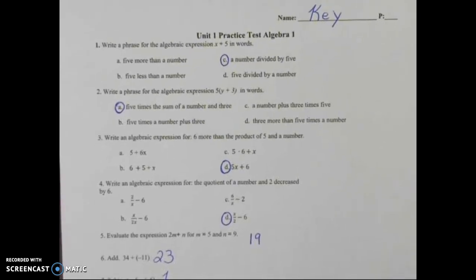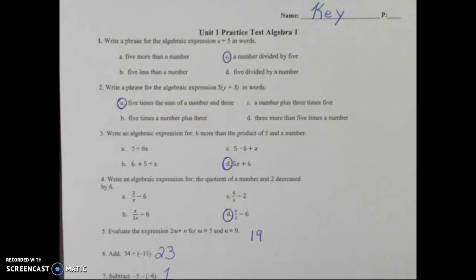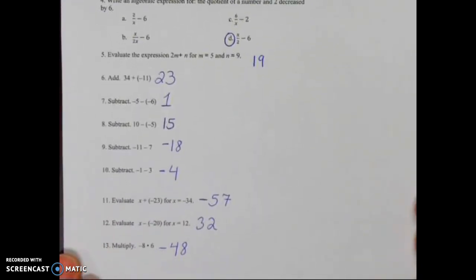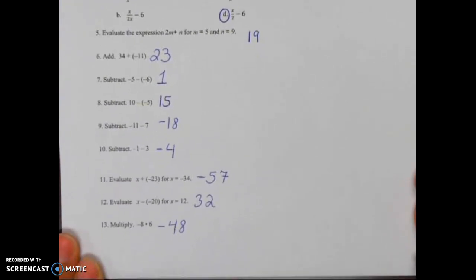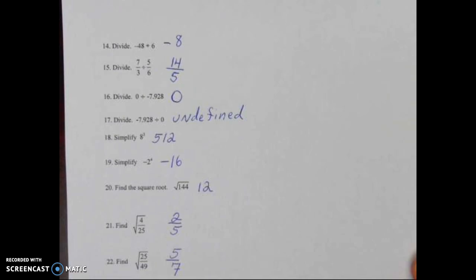So here's the first page. Here's about 1 through 4. And then moving it up to show the rest, about 5 through 13. Here's the second page.